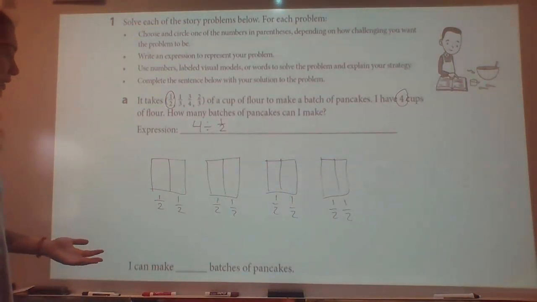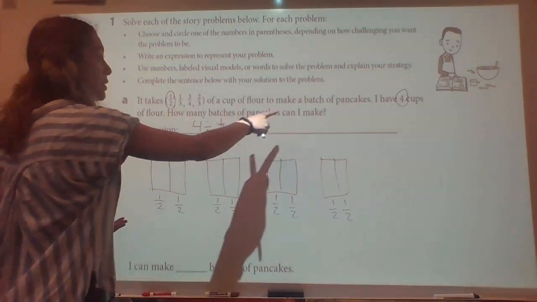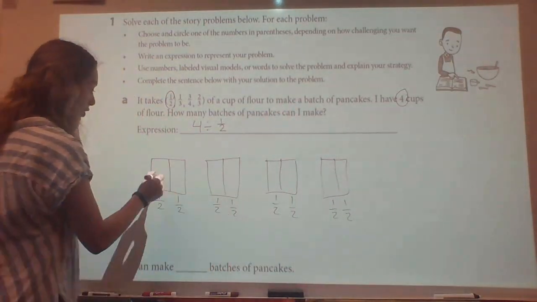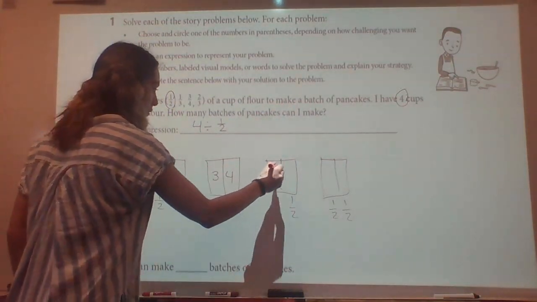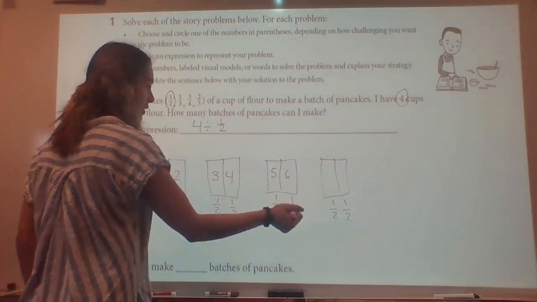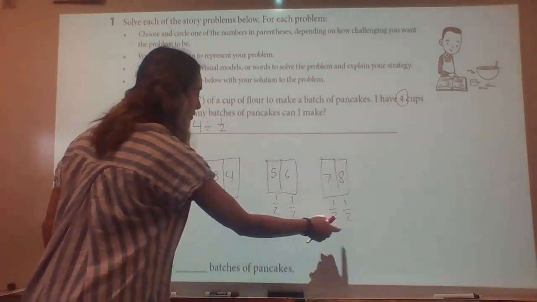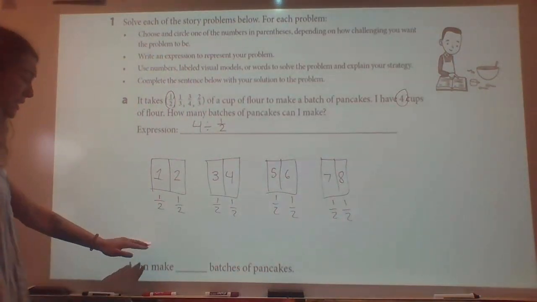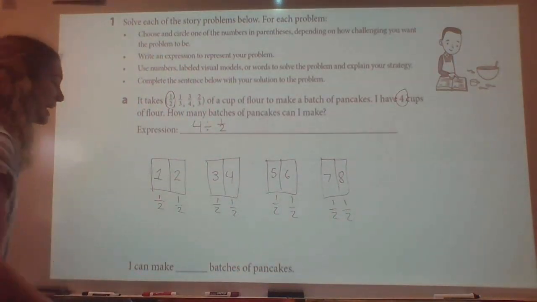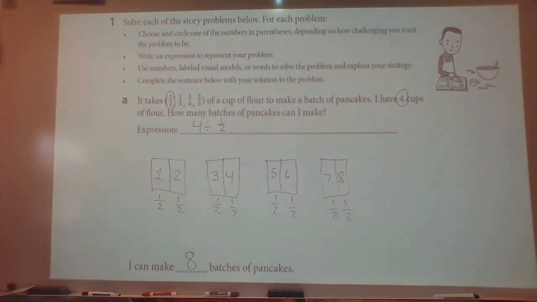Now to find my answer, I need to figure out how many 1/2s there are, because each 1/2 is a batch of pancakes. So here's 1, 2, 3, 4, 5, 6, 7, 8. There's 8 1/2s if I kept counting all of them together. That means that I can bake 8 batches of pancakes.